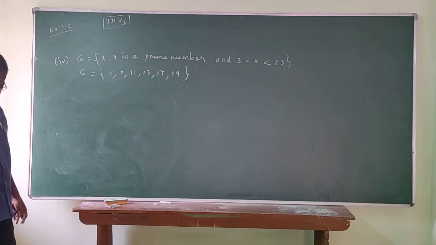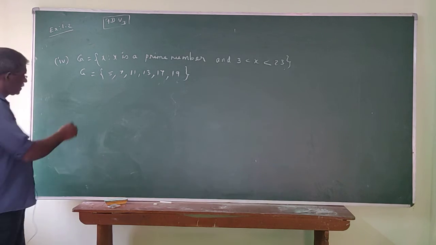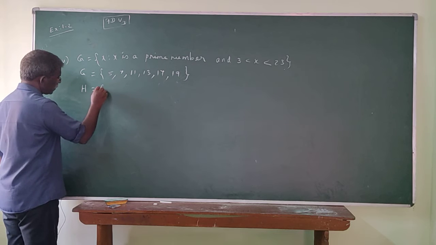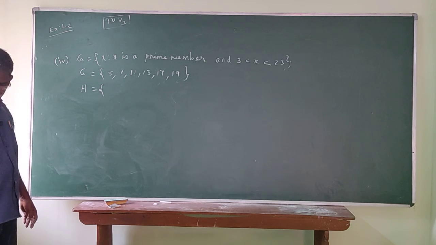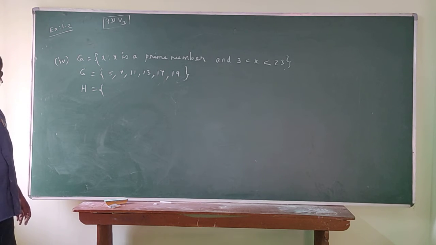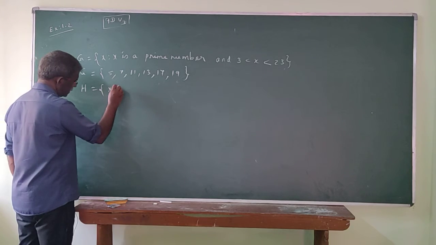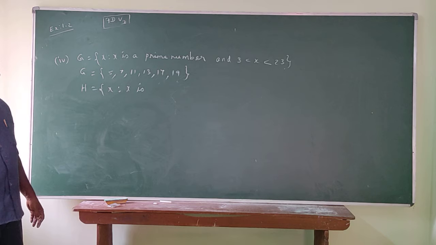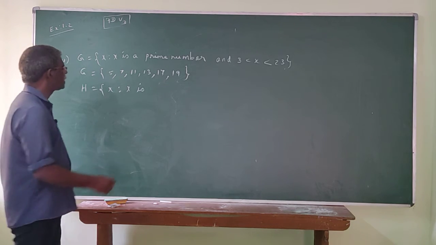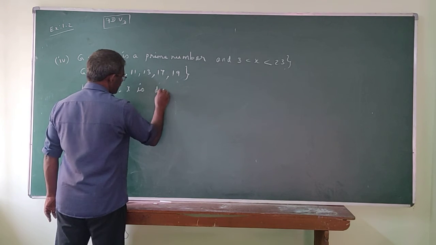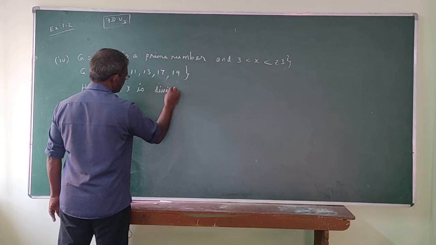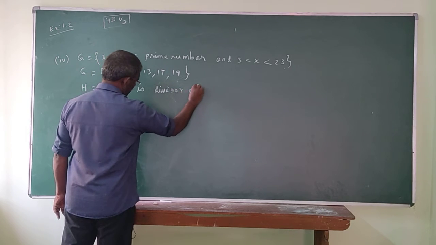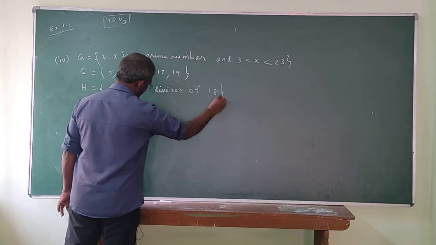Then H is given. H is equal to {x such that x is a divisor of 18}.